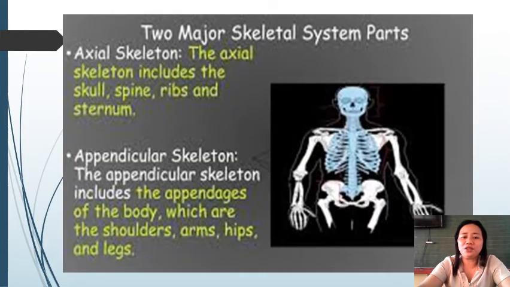There are two major skeletal system parts. The axial skeleton includes the skull, the spine, ribs, and sternum. And the appendicular skeleton includes the appendages of the body, which are the shoulders, the arms, the hips, and the legs.